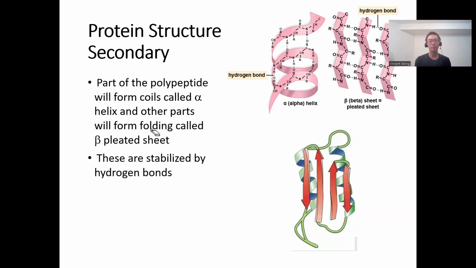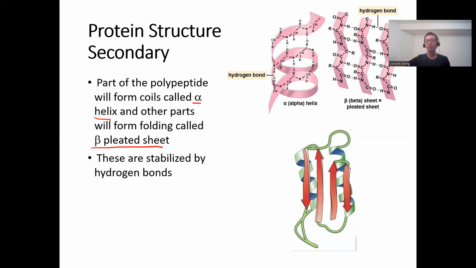So we call the coils alpha helix, and the zigzag we call beta pleated sheets. And what holds them together is the hydrogen bond that is formed with the backbone. Remember the yellow thing that I highlighted?